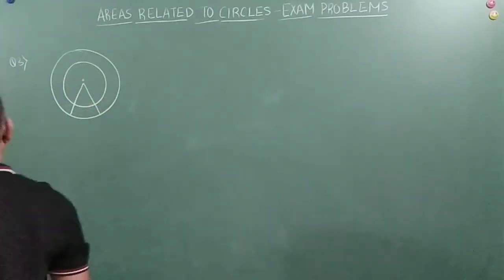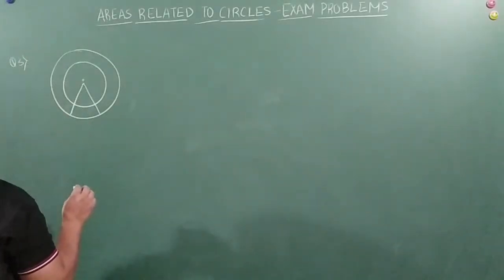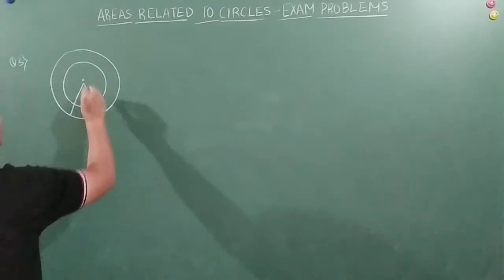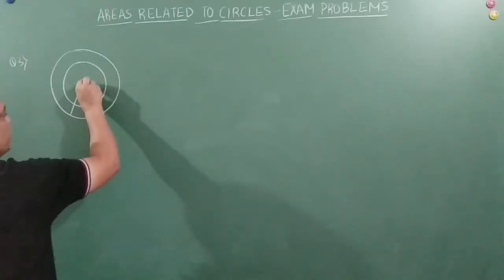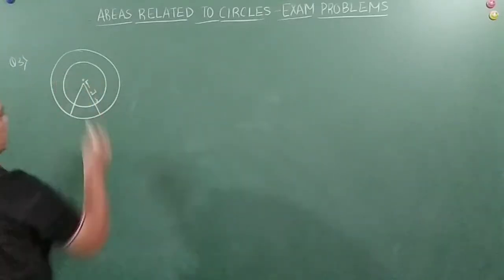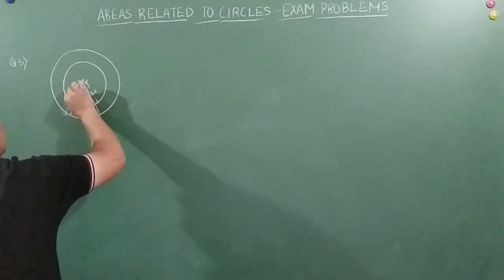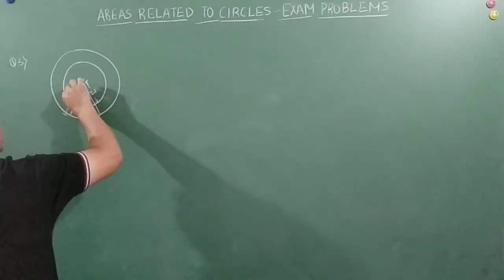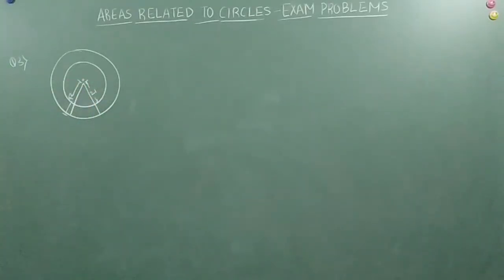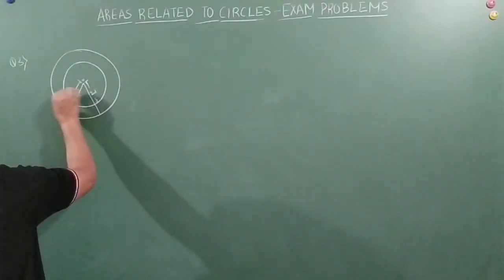Now the radius from here to here is 21. This is given to us. And this radius from here to here is 42, just double of that. Now this portion has been shaded for us.